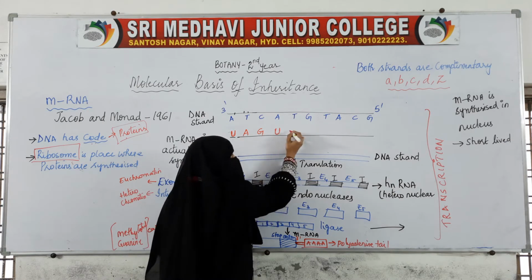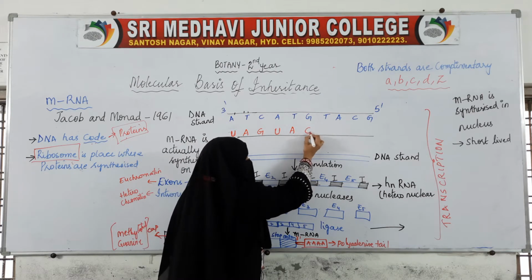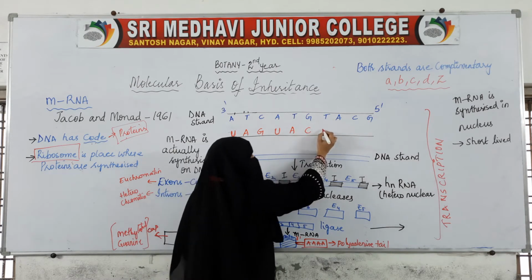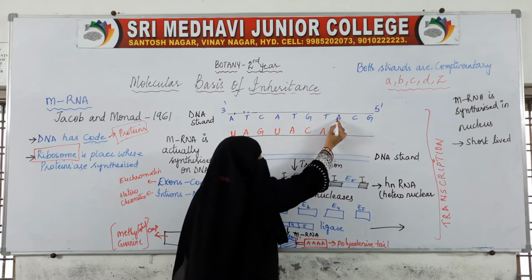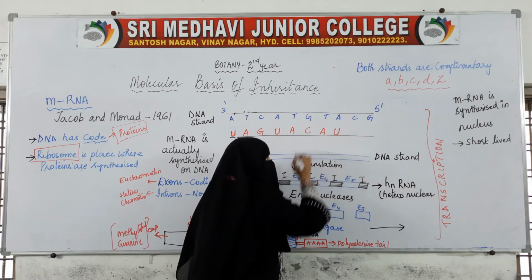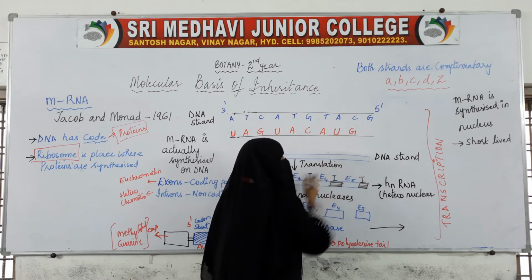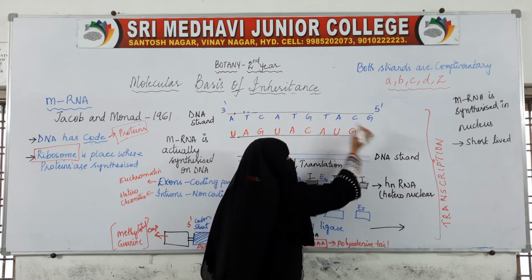Thymine is already there, it will pair with adenine. G always pairs with C, and T always pairs with A. If it is adenine, then in RNA it will be paired with uracil. Then C will pair with G, and G will pair with C.